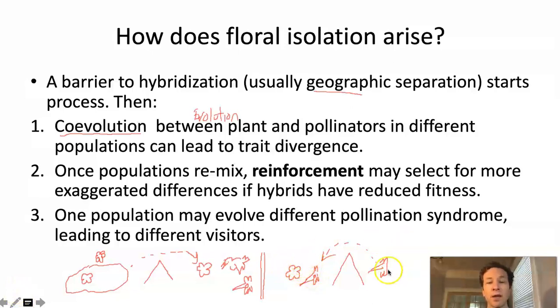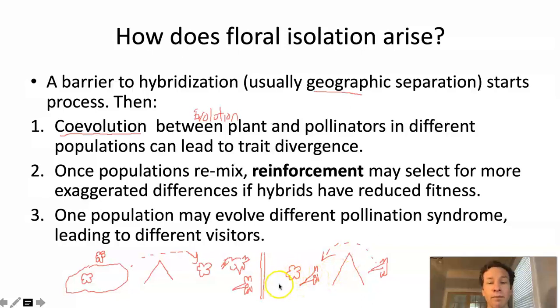So during this time when they were separate, maybe we got the accumulation of selection for different traits, floral traits as well as other traits. Maybe we also had, through genetic drift, accumulation of changes in the two species.